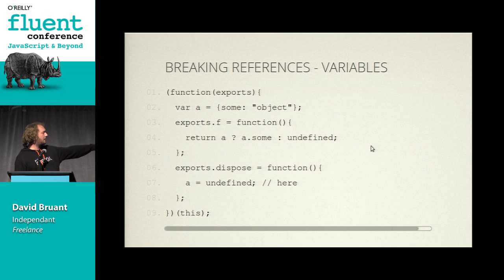So here I cannot do delete A. It doesn't make sense. It won't do anything. Actually, it won't crash the program, but it won't do anything. Delete A will, I think, return false, and in strict mode, it will throw an exception.